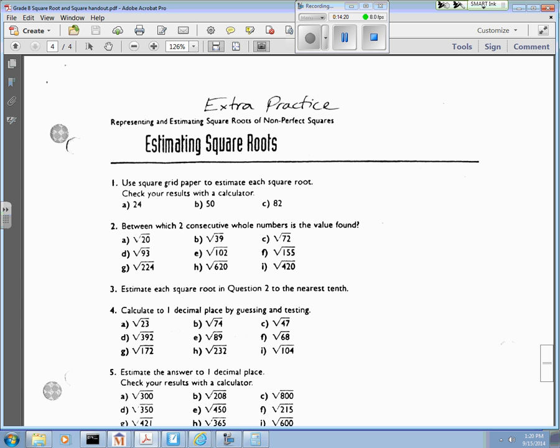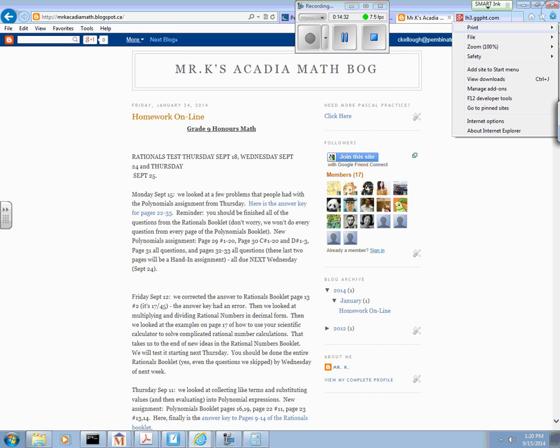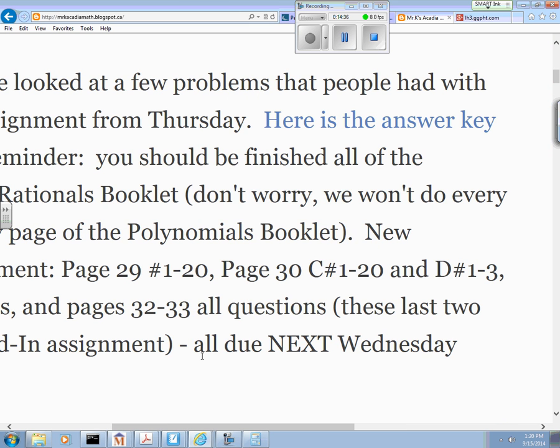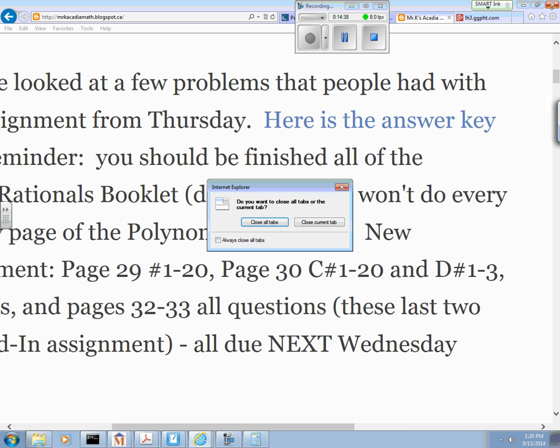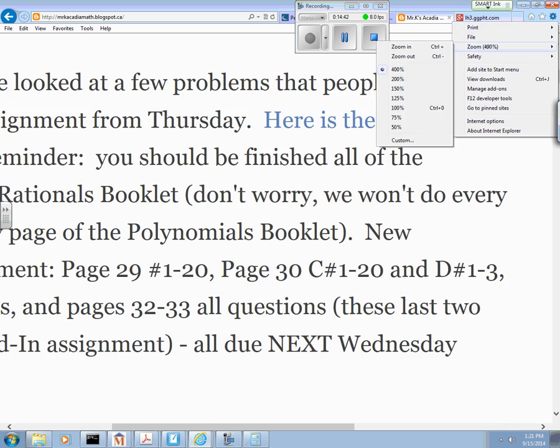Remember, for tomorrow, you were already supposed to be done some of the stuff from the textbook. I was supposed to homework check it today, but of course I'm not here. Let's see. What does it say on my homework online? Let's see. Oh, that's too big. I only wanted 200, not 400.